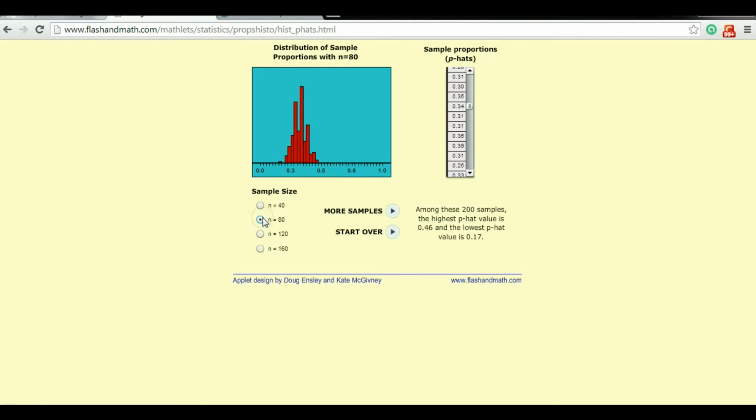Okay, now you might say that, well, they're not all centered in exactly the same spot. Well, that's because you have variation from sample to sample. Okay, what a sample is going to give us is a good approximation of what that p-value is, but it may not hit right on it. So we're going to also take that into account in future chapters as we try to approximate what that p-value is.